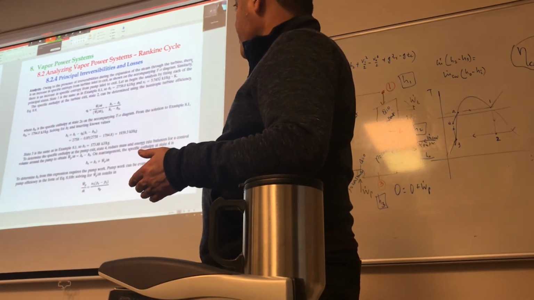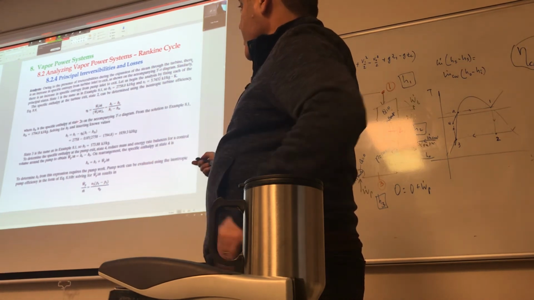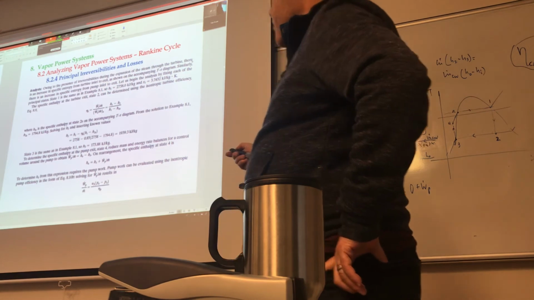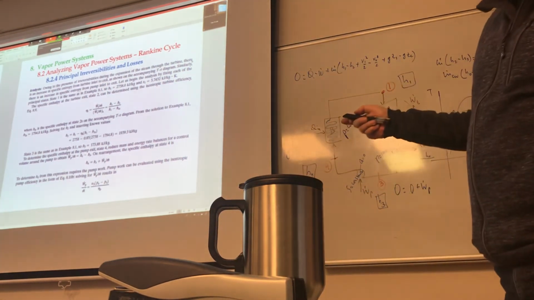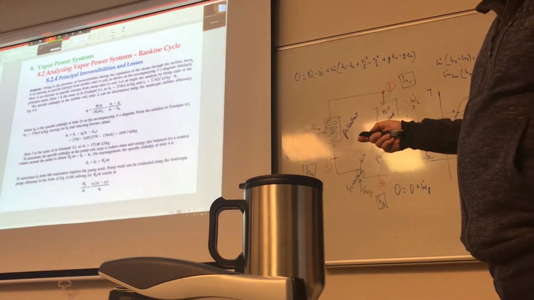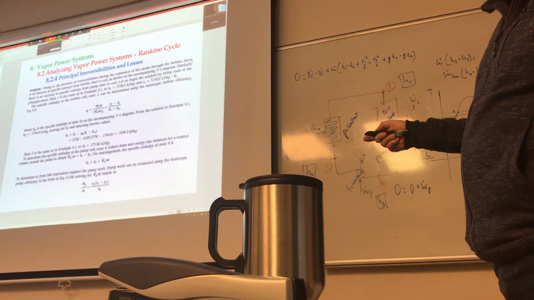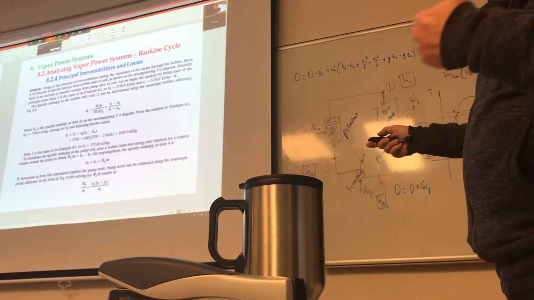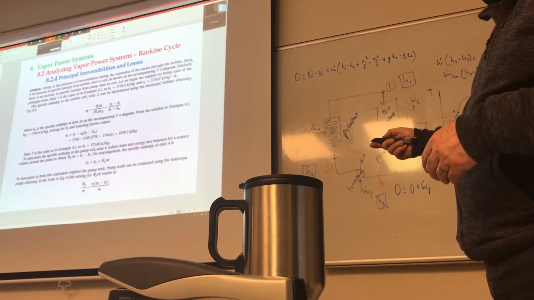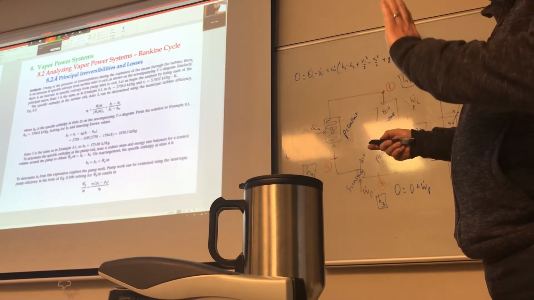We plug it into this equation, and everything is known except H2. So the goal of this isentropic efficiency is really to find the value of H2 when H2S is known. So instead of using H2S 1794, now it's going to be a little bit higher because there was some inefficiency associated with the turbine. And then the rest of it is exactly the same.